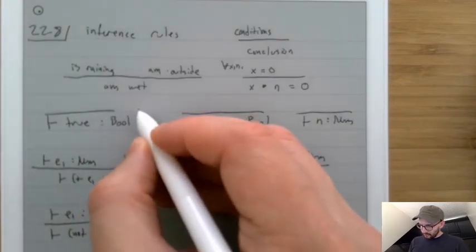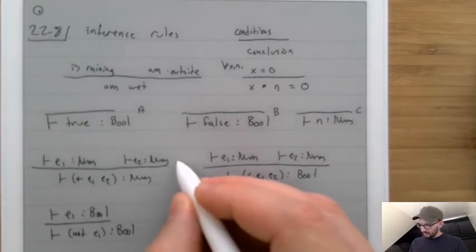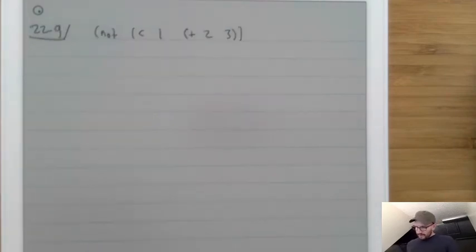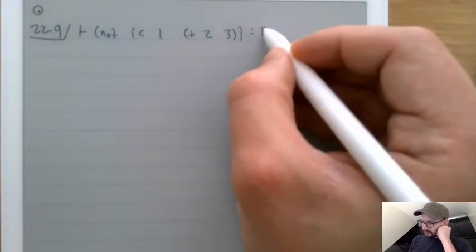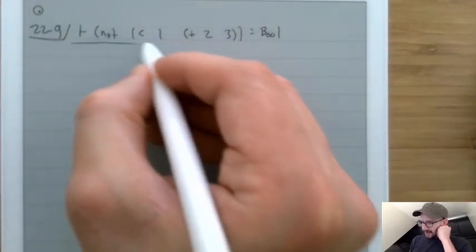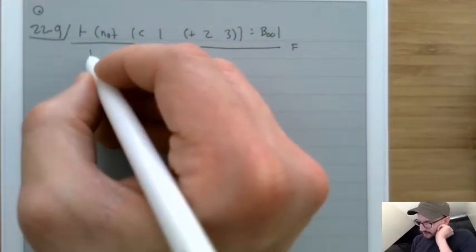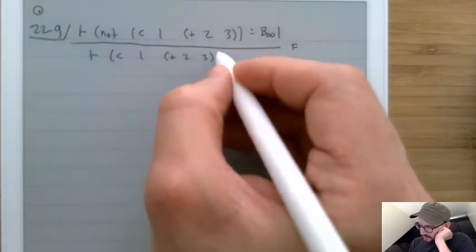Let's call this rule A, rule B, rule C, rule D, rule E, and rule F. Well, this is a not, so that means that we're going to use rule F. So what rule F says is that we can predict that this is a bool if, and now I'm going to write the bars in the opposite direction, if we can predict that less than 1 plus 2, 3 is a bool.